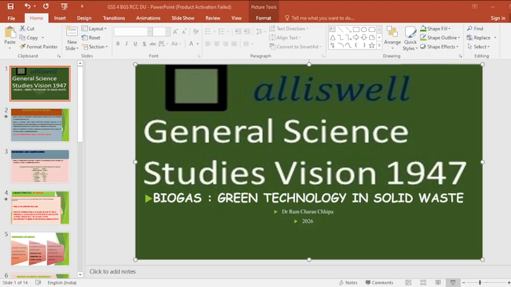Digestion is the process where the material undergoes change and is converted into simpler things. So organic matter is converted into simpler things, gas is generated, and that gas is called biogas.